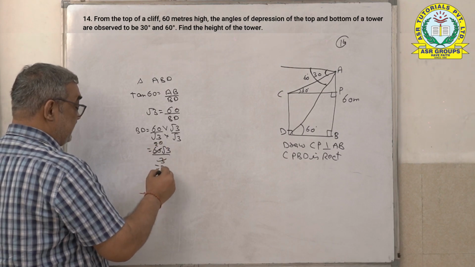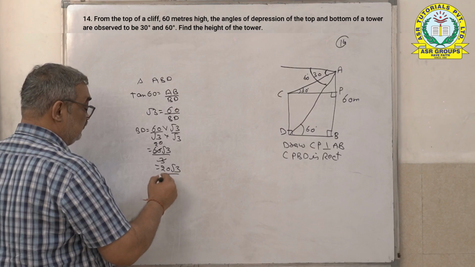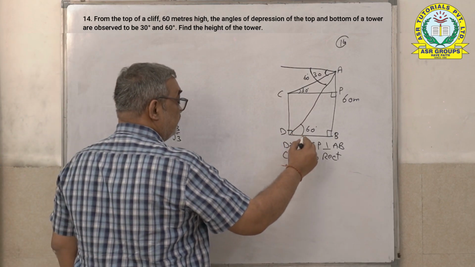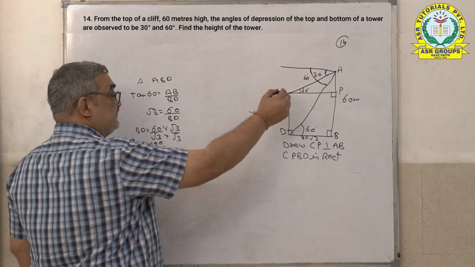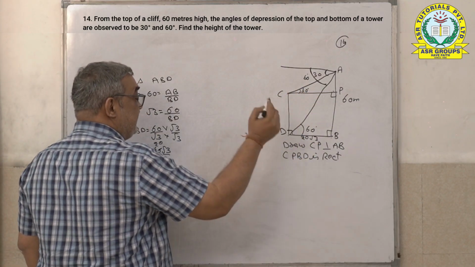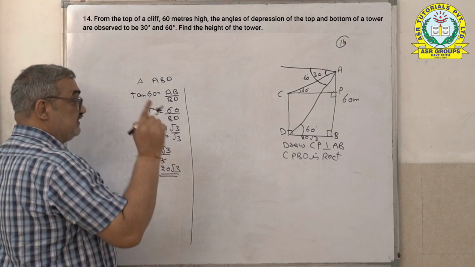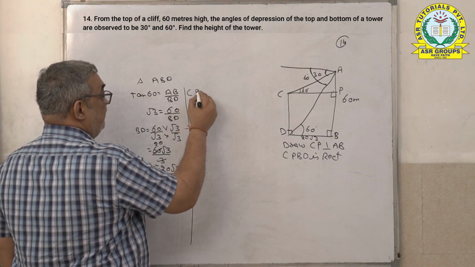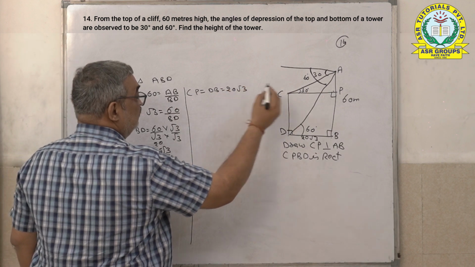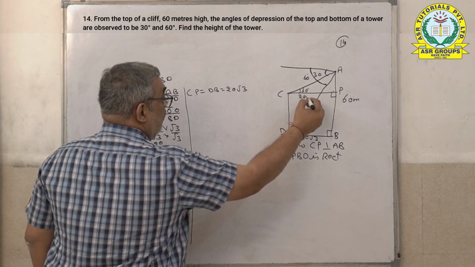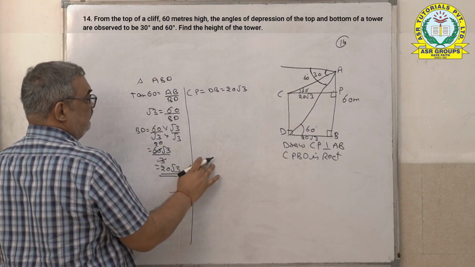So I got BD as 20 root 3. Since CPBD is a rectangle, opposite sides are equal. So this also I got 20 root 3.